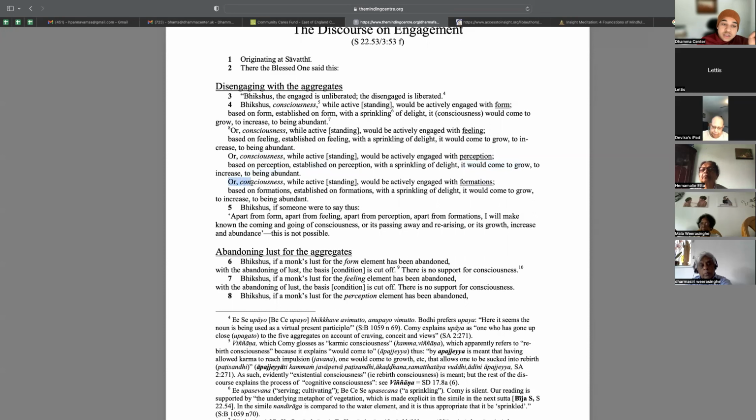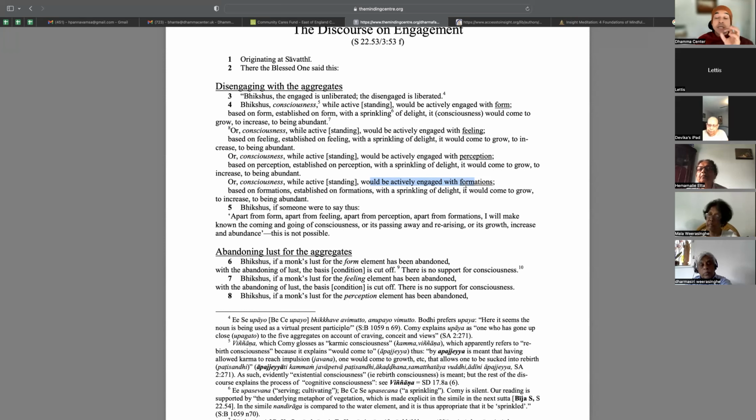Or consciousness, while active, would be actively engaged with formations. Now, this part is the most difficult out of the rest, right? So it is far easier to see form, feeling, and perceptions in comparison to formations and consciousness.